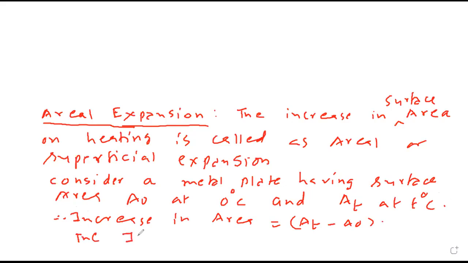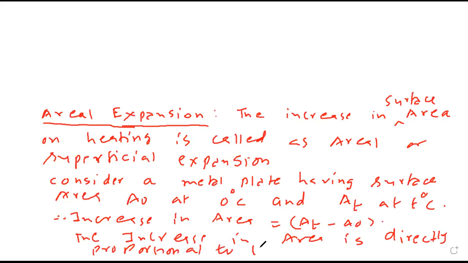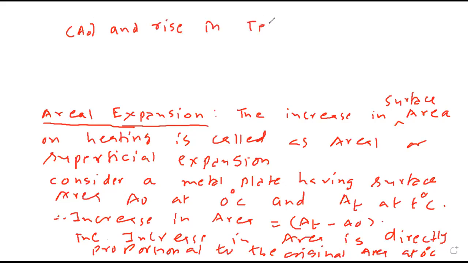The increase in area is directly proportional to the original area at 0 degrees Celsius, in bracket I am writing A0, and rise in temperature delta T. Therefore, AT minus A0 is proportional to A0 delta T.